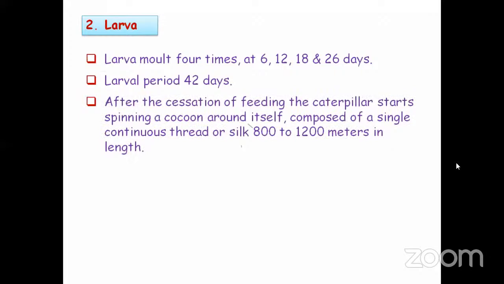After the cessation of feeding, the caterpillars start spinning the cocoons. When they stop feeding, they start spinning the cocoon around themselves, composed of a single continuous thread of silk, whose length is up to 800 to 1200 meters.